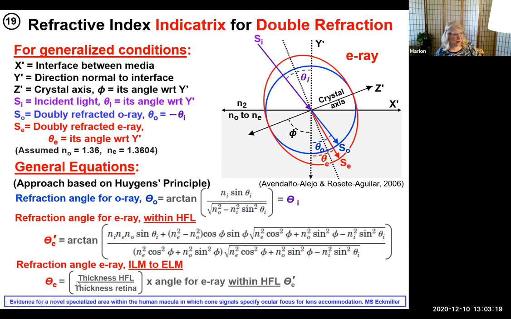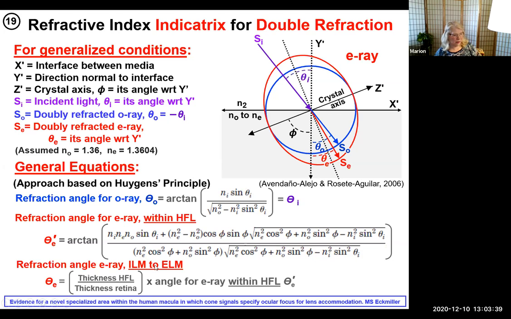So this whole calculation would give us what angle the light is going within the HFL, but that is not a fair criterion for light going through the whole fovea macula.